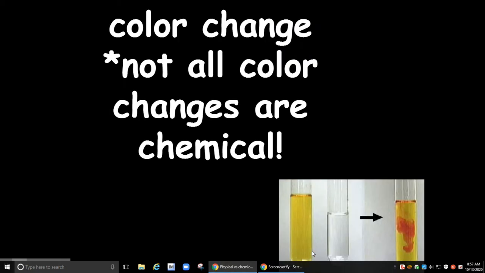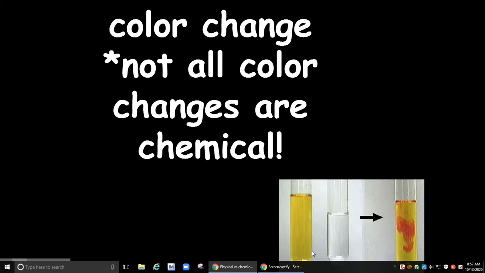Now, color change is a piece of evidence, but it's not the one thing that you could say is the evidence that you need. Very similar to the example I used at the beginning. A police detective cannot walk into a store and lift one fingerprint and say without a doubt 100% that a person committed that crime.